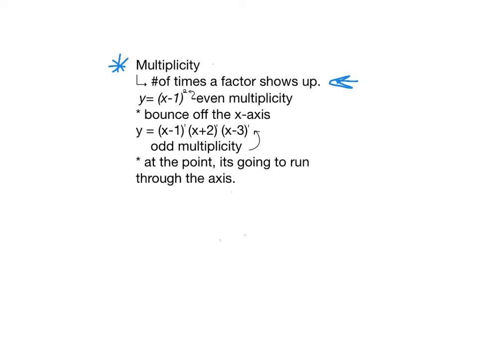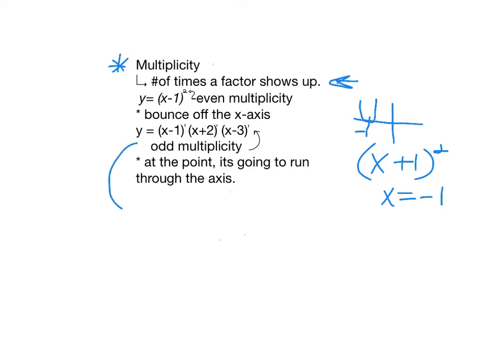When our exponent is an even number, we're seeing that it's an even multiplicity, and it's essentially bouncing off the x-axis. So for example, if we had a factor here that was x plus 1, when I solve it, I get x equals -1, and let's say it had an exponent of 2, it would bounce off the x-axis at -1.